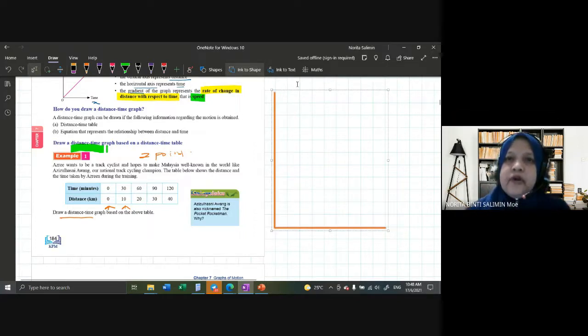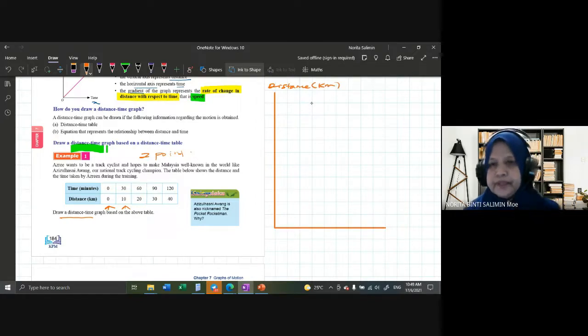This is for distance, called distance in kilometers, and this is time in minutes.